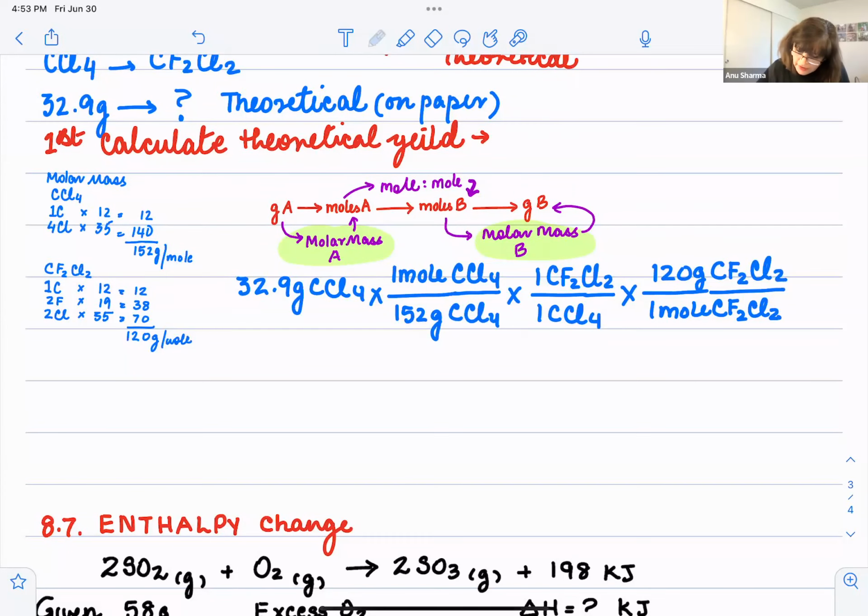Here you will see the grams and moles of carbon tetrachloride cancel out, the moles of CF2Cl2 cancel out, and you are just left with the grams of CF2Cl2.